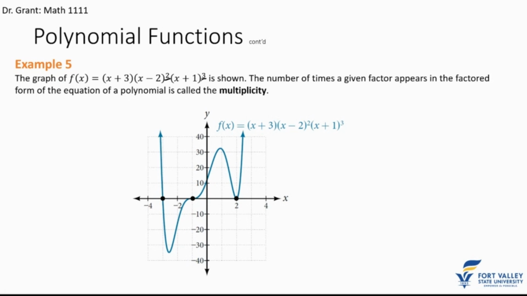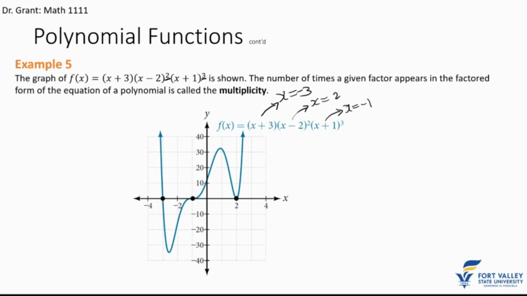Let's look at how the graph behaves when we have these things. So when we have a multiplicity of 1, this one will be associated with when x is equal to negative 3. This one will be associated when x is equal to 2. And this one is when x is equal to negative 1.